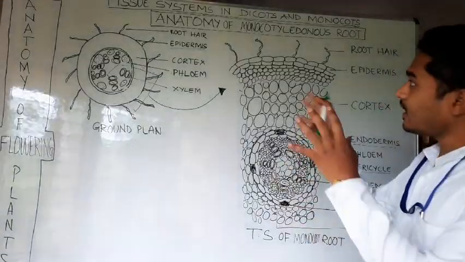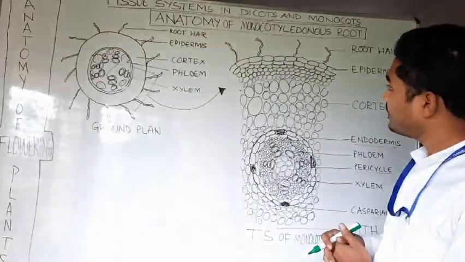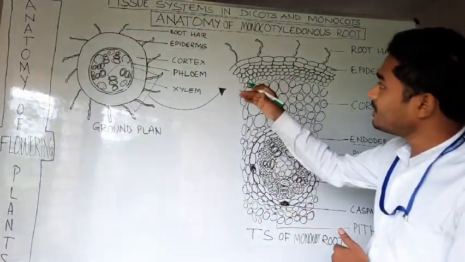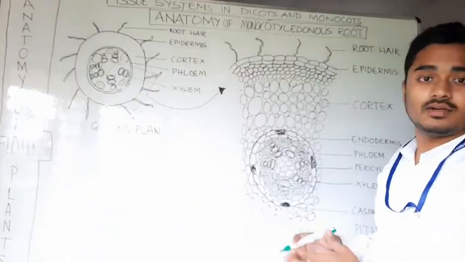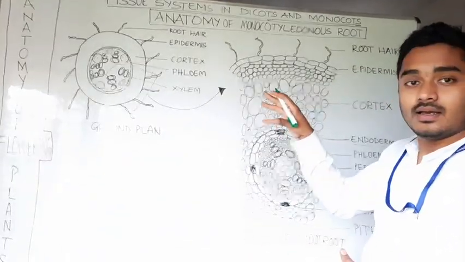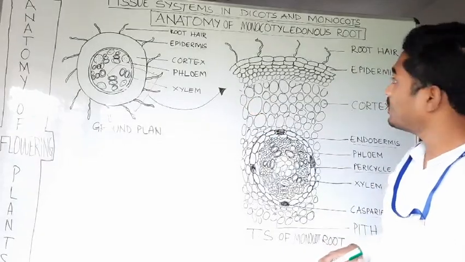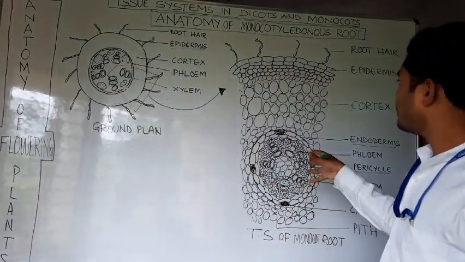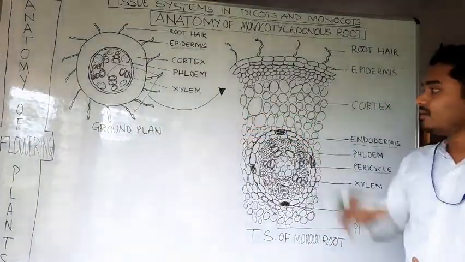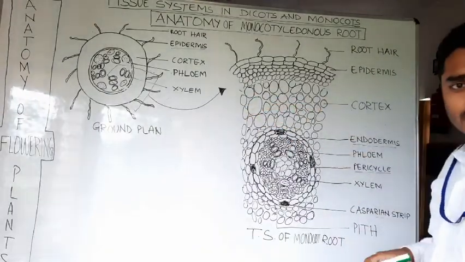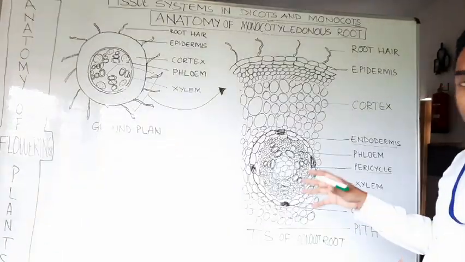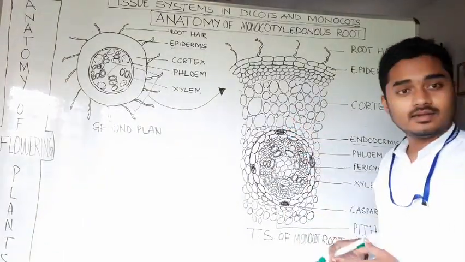So in the ground plan, we will see how the epidermal tissue system, ground tissue system and vascular tissue systems are arranged in a monocot root. If we see the ground plan of the monocot root, it is somewhat similar to the dicot root, but not actually. There is slight variation.